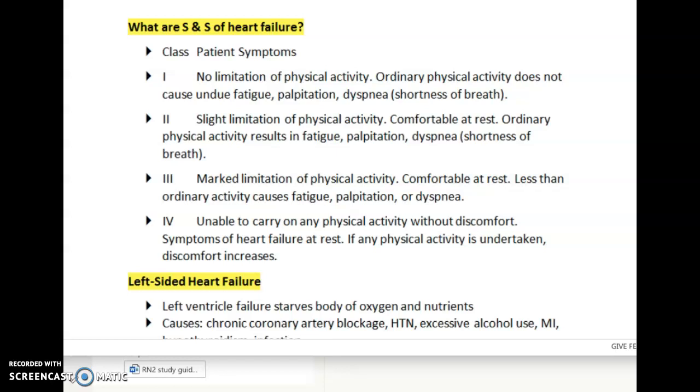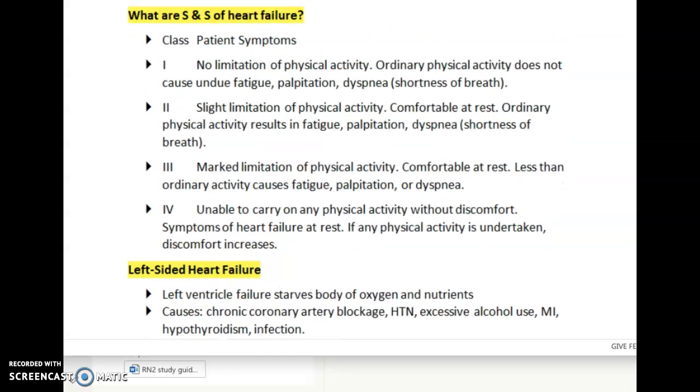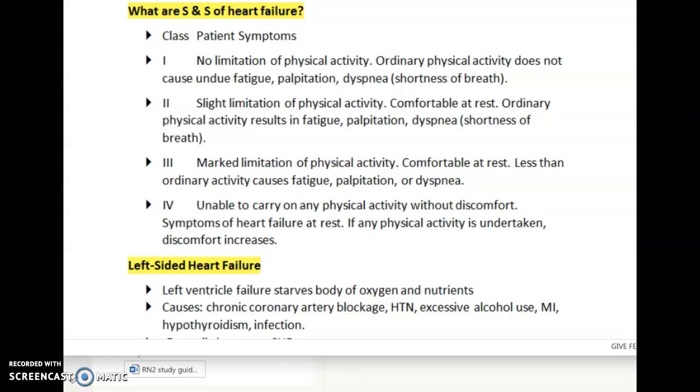So the class 1 patient symptoms. Class 1, there's no limitation of physical activity. Ordinary physical activity does not cause undue fatigue, palpitation, or dyspnea. Class 2, there's slight limitation of physical activity, comfortable at rest. Ordinary physical activity results in fatigue, palpitation, and shortness of breath.